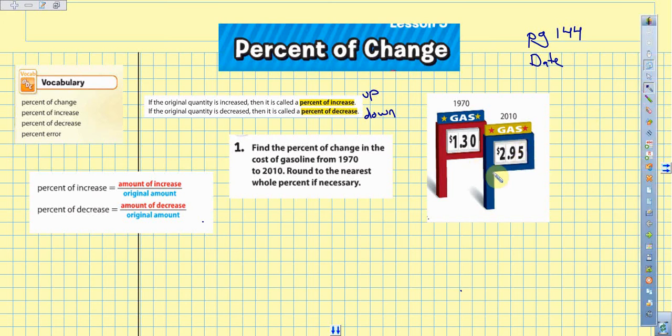So we can see that the gas price went up, which is a percent of increase. So what we have to do is find how much the gas price rose, or how far the increase was. Step one is to find the amount of increase.